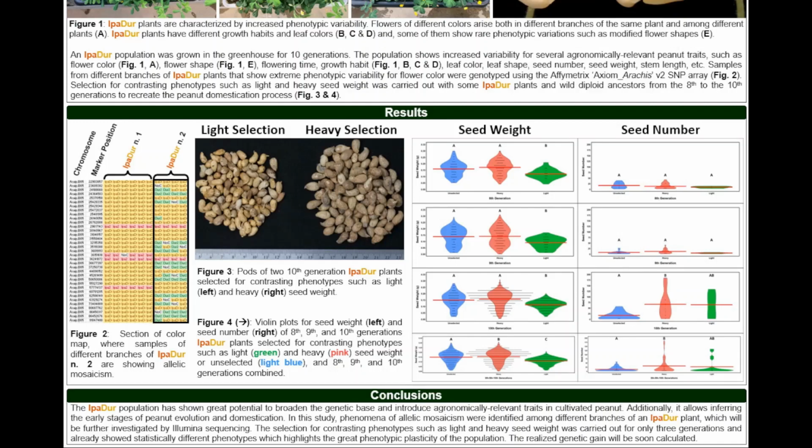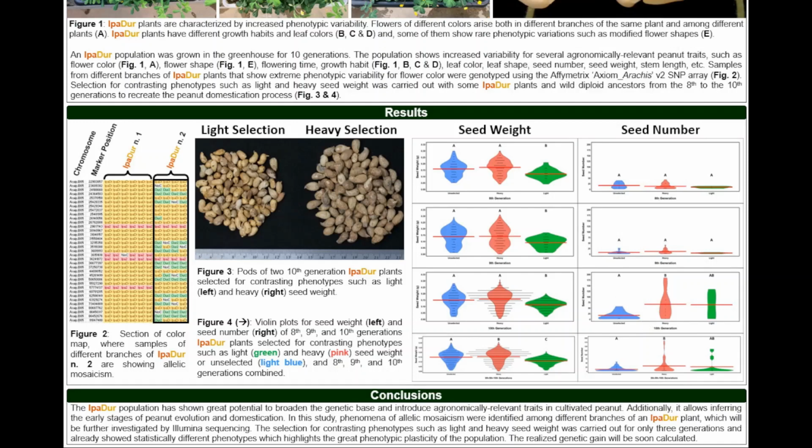If we combine the data from the beginning of the selection to the end, we will notice that there is a statistical difference between all 3 different treatments: the unselected IPADUR plants, the IPADUR plants selected for heavy seed weight, and those selected for light seed weight. As regards seed number, it is a similar situation to what is shown after the 3rd generation of selection.